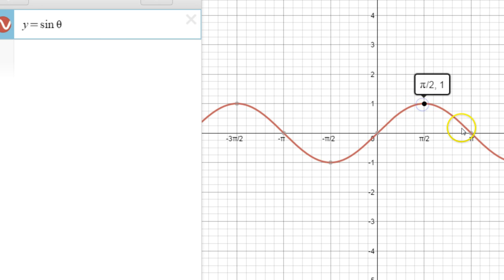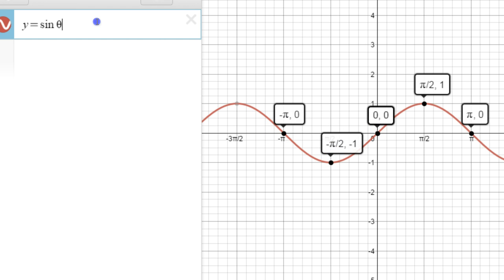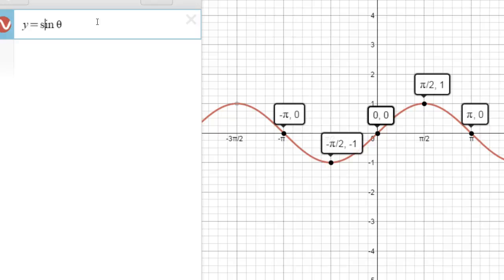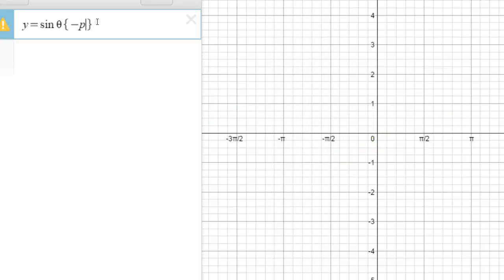Now, some things to notice about this, and let's focus on negative pi less than or equal to theta.